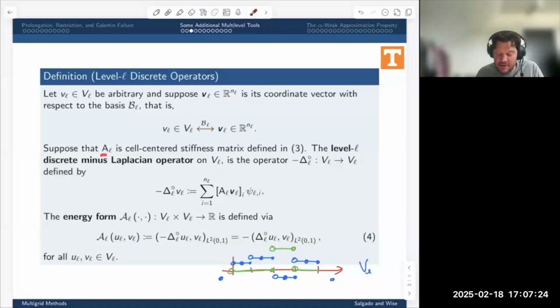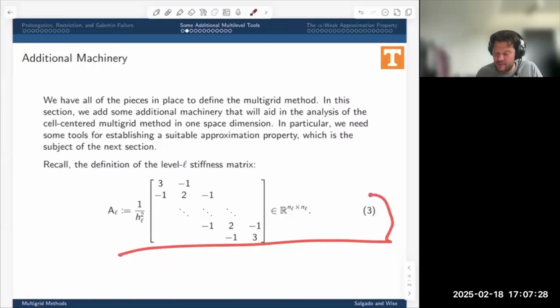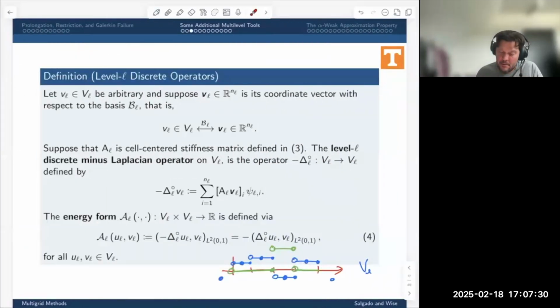Now suppose that AL is the cell-centered stiffness matrix defined on the previous page, here 3. The level L discrete minus Laplacian operator is the operator minus discrete Laplacian, level L, and this superscript means the interior.